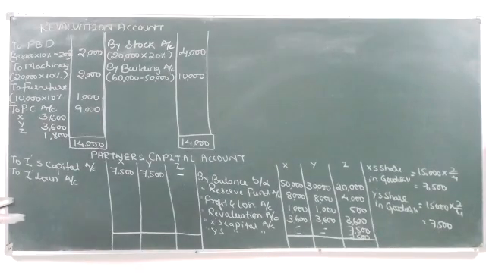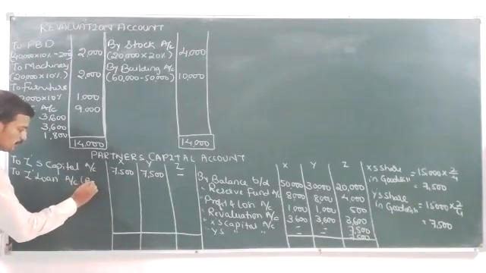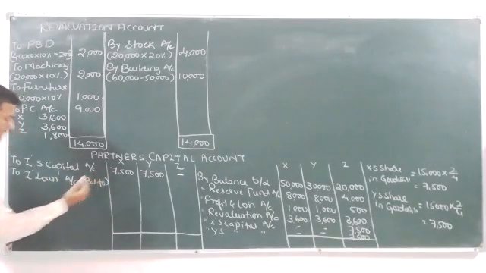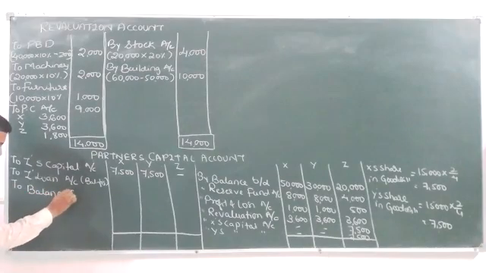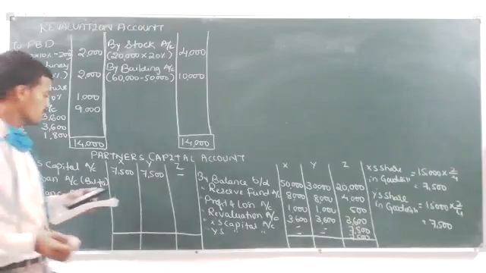Let me take the totals and find out. And remember, this Z's loan account, we need to write the balancing figure. And last one is to balance carried down.